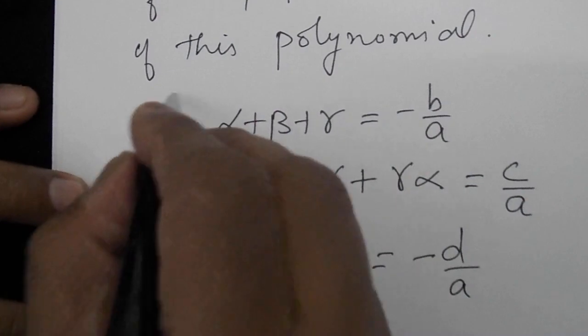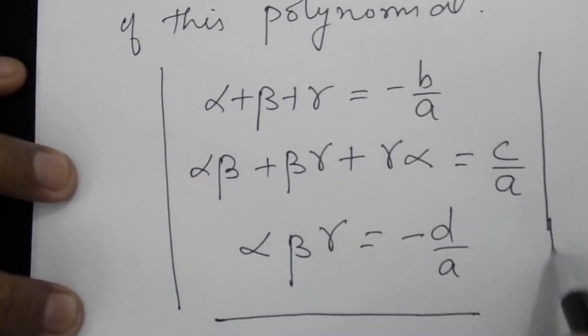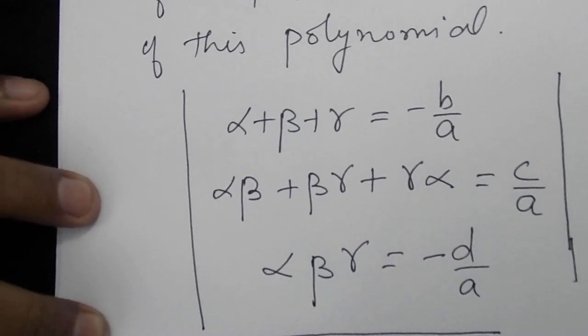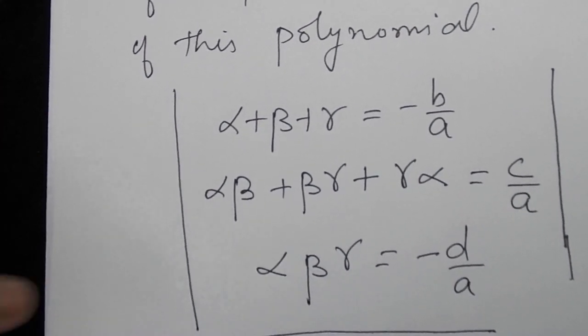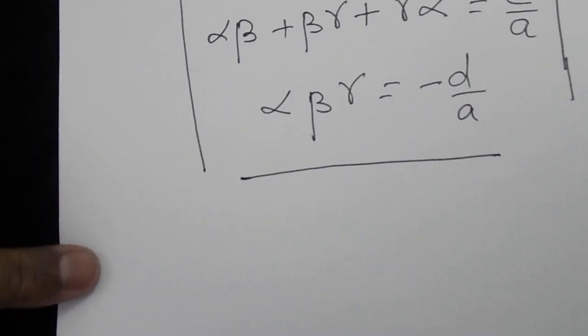So dear students, these are the three relations between the zeros of the cubic polynomial. You need to remember this, and using this we are going to start with the optional exercise.